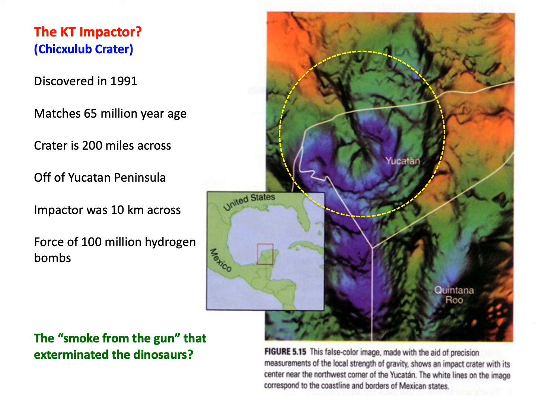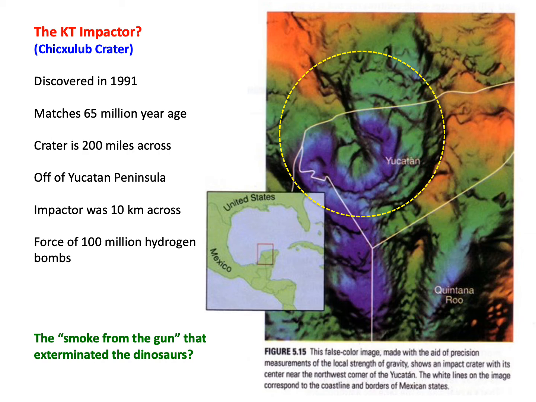This crater has ages that match the 65 million year old mark of the KT boundary. It's about 200 miles across, and models and simulations would suggest that the impactor was about 10 kilometers across, which puts it sort of in the every 100 million year regime for striking the Earth, and also makes it about the size of the city of Las Cruces, just for reference.